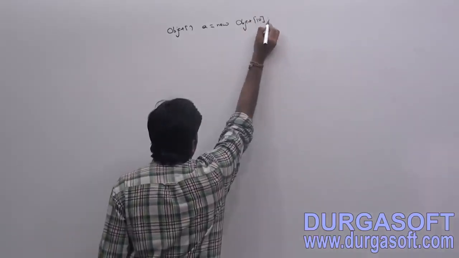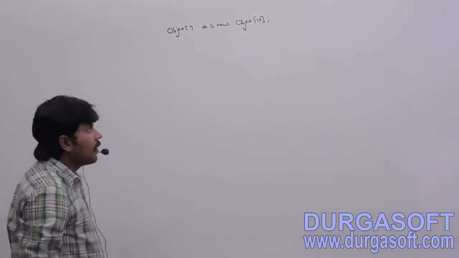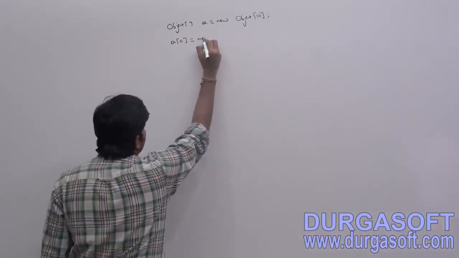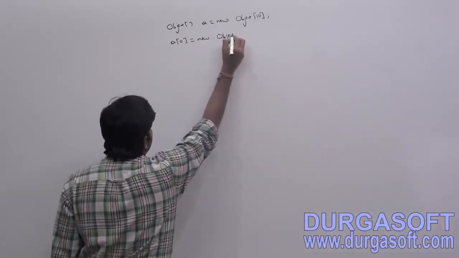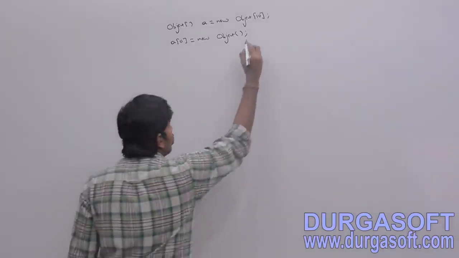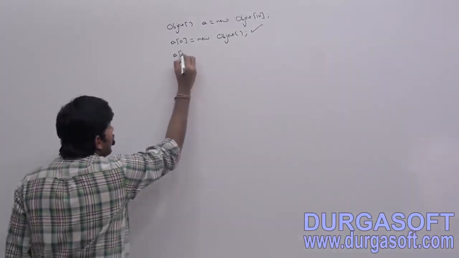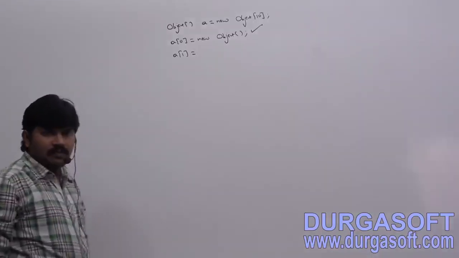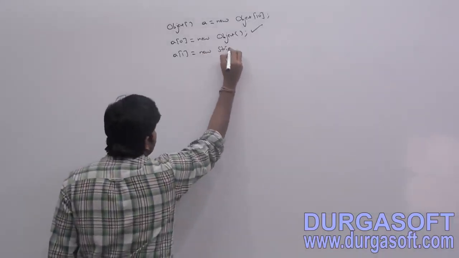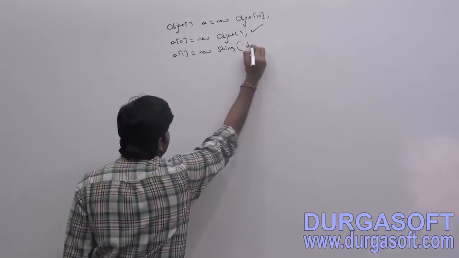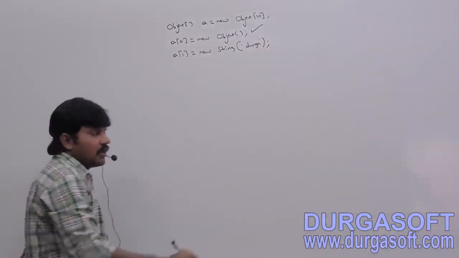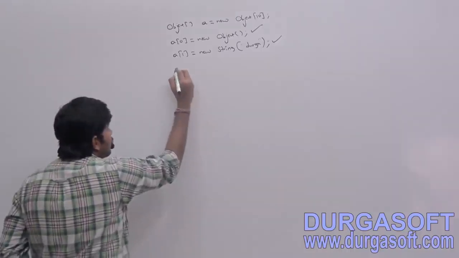Is it valid or not? a[0] = new Object() is perfectly valid. a[1] = new String("Durga"). Is it valid or not? a[1] = new String("Durga"), valid, no problem at all.